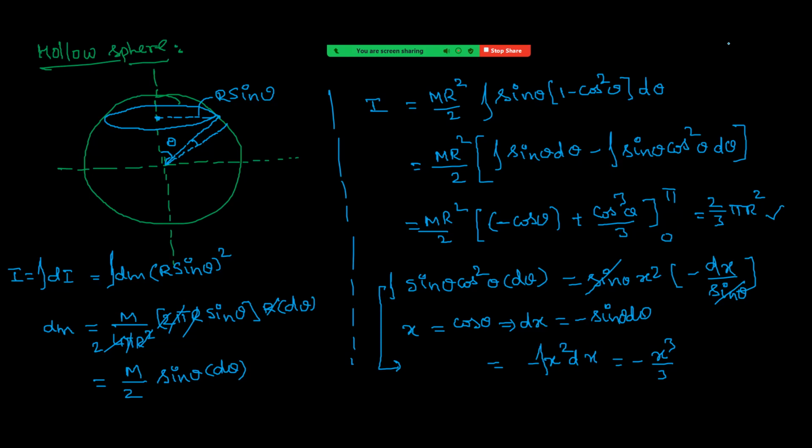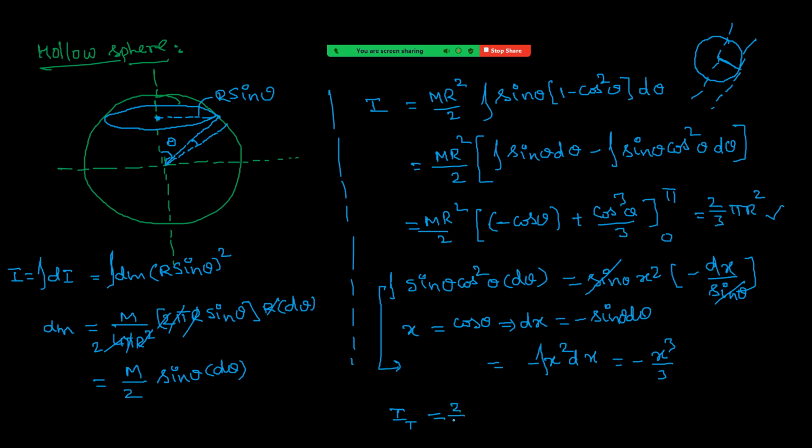Suppose the question is about any tangent. Any tangent will be parallel to a diameter of the sphere. That means we can write, about any tangent, T stands for tangent. Since it is parallel to the diameter, we can use the parallel axis theorem.